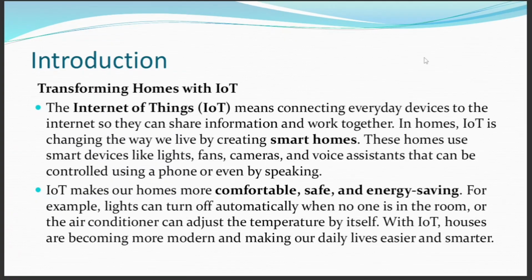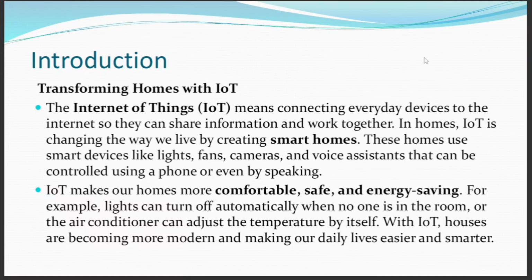Introduction to IoT and smart homes. The Internet of Things, or IoT, refers to connecting everyday devices to the internet so they can exchange information and act intelligently. In smart homes, devices such as lights, fans, cameras, and more can be remotely monitored and controlled through a mobile phone.